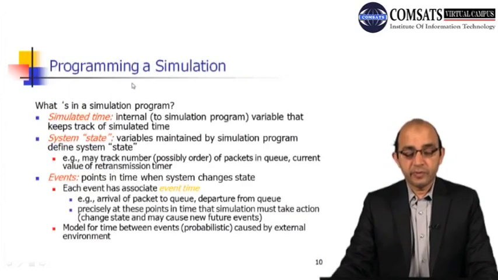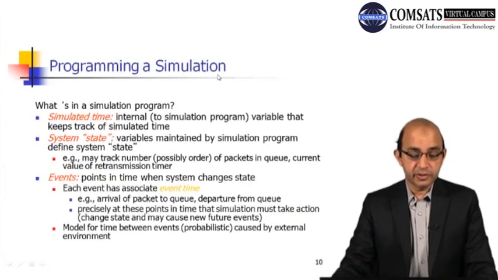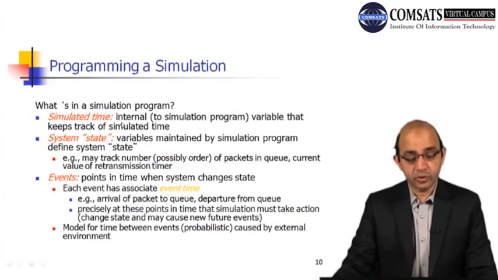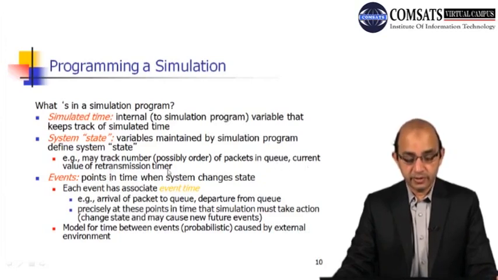So here we will be talking about programming a simulation, right? So, time: of course an internal variable that keeps track of the simulated time. System state variables that maintain the system state defined by the simulation program, which may track the number of packets in a queue and the current value of the retransmission timer.